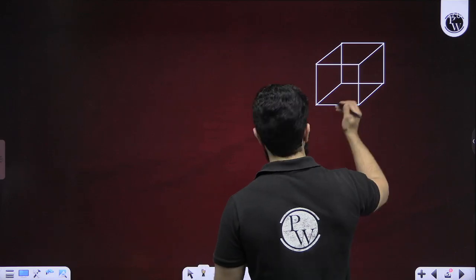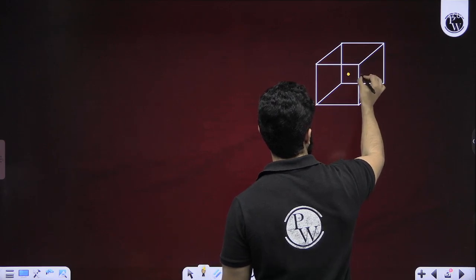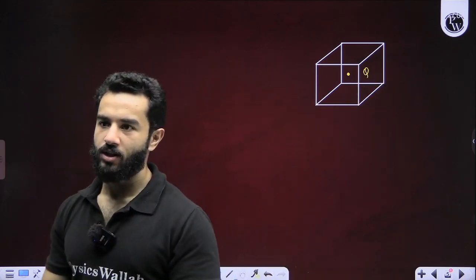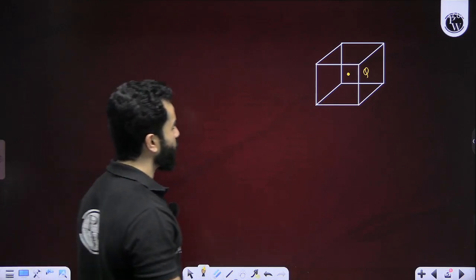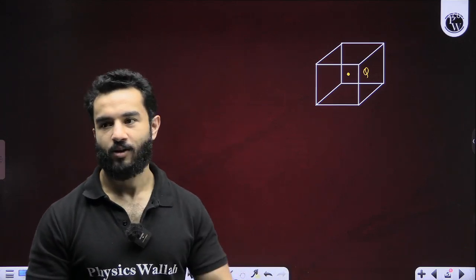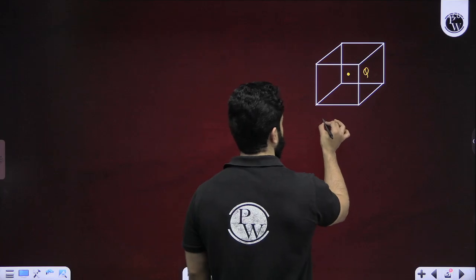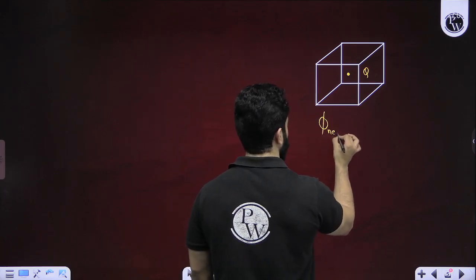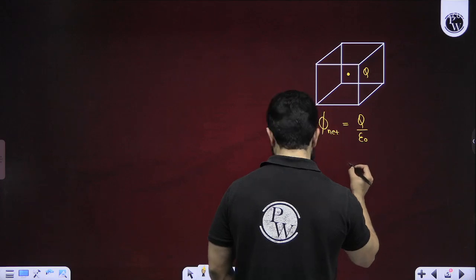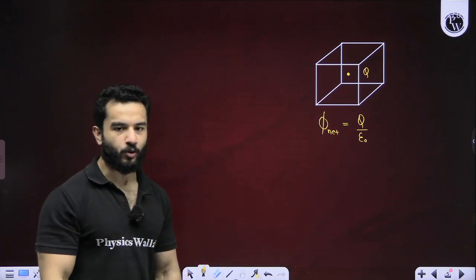Inside this cube, you have got one charge kept at the center, and its magnitude is q. You have to tell me the net flux linked with the total cube. You are going to say, sir, it's very easy. The net flux will simply be the total charge, q, divided by epsilon naught. Hopefully this is all good to you.